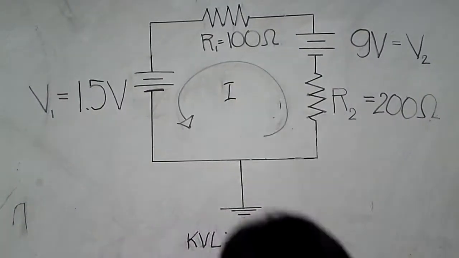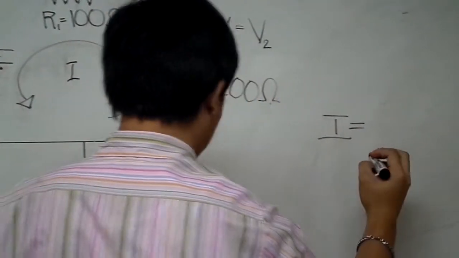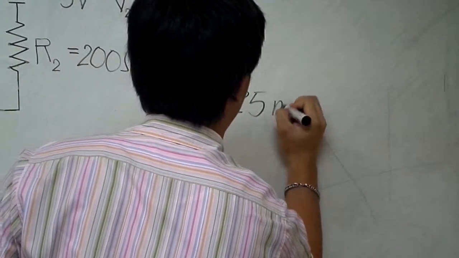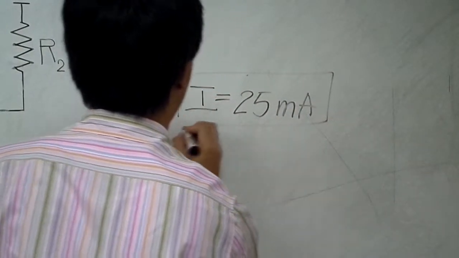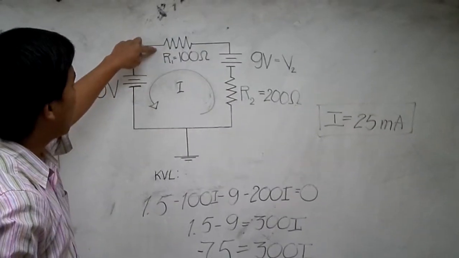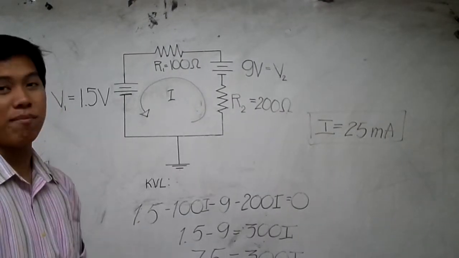So the final answer will be 25 milliamperes. The current flowing in here and in this resistor is equal to 25 milliamperes.